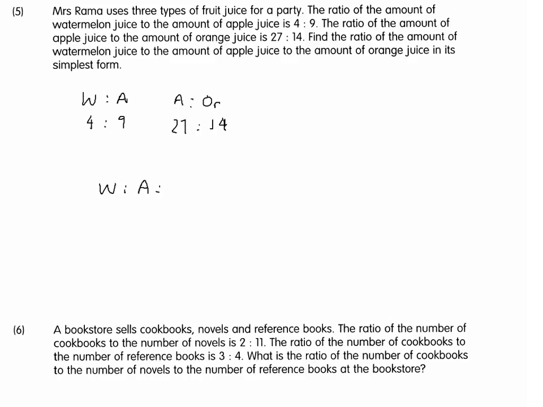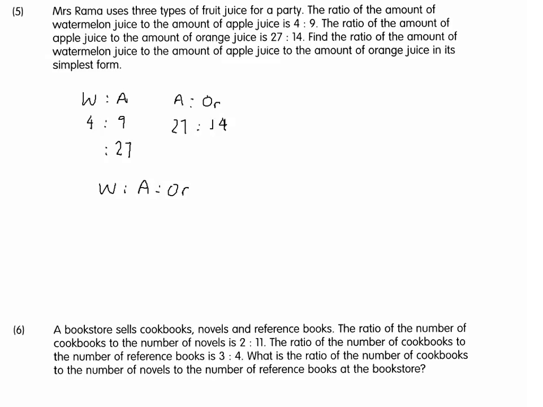But what can we see here? Apple is actually 9. Then in the other case, it's actually 27 units, right? What do we need to do now? Lowest common multiple. And in this case, lowest common multiple is how much? 27. So what happens to the watermelon juice?